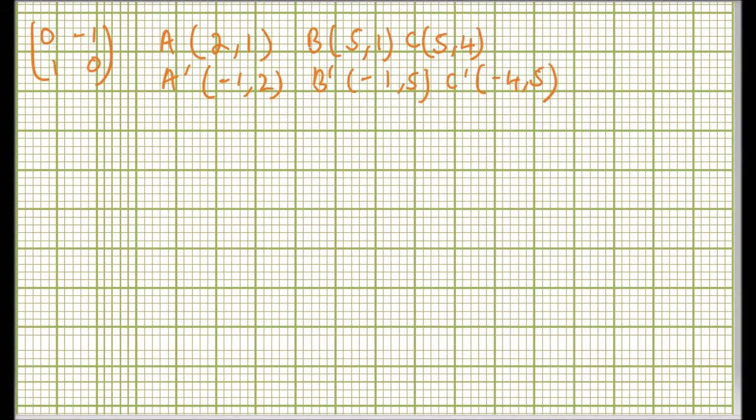So let's go ahead and have our axes here. Let's say that is our origin. We have 1, 2, 3, 4, 5, 6. That is our x-axis. So we have -1, -2, -3, -4, -5, -6. Of course, you can have a bigger graph.